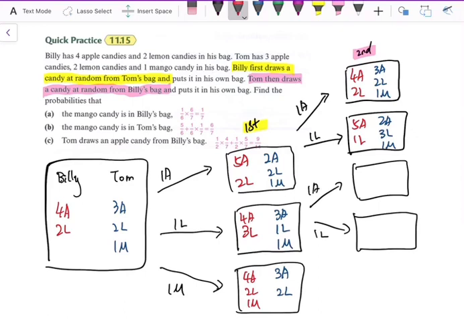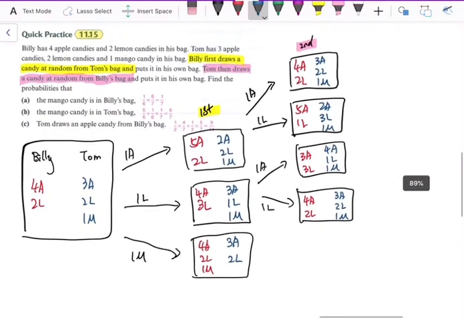So we still have 2 more cases. It will become 3A, 3L, or 4A. This time because you take the lemon, Billy will have 1 more apple, 4A, 1L, 1M. Then the next one will be 4A, 2 lemon, then 3A, 2 lemon, 1 mango.